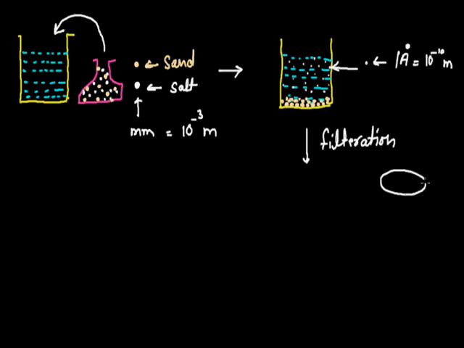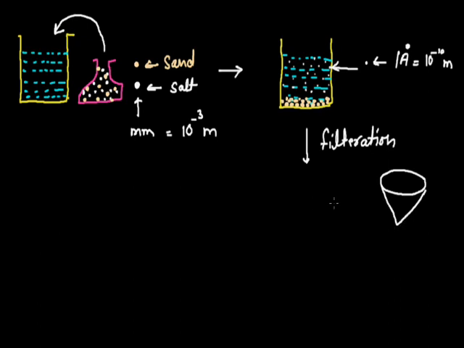It is porous, but the pore size of filter paper is too small, so sand particles cannot pass through this filter paper, but the solution of salt can pass through it easily.